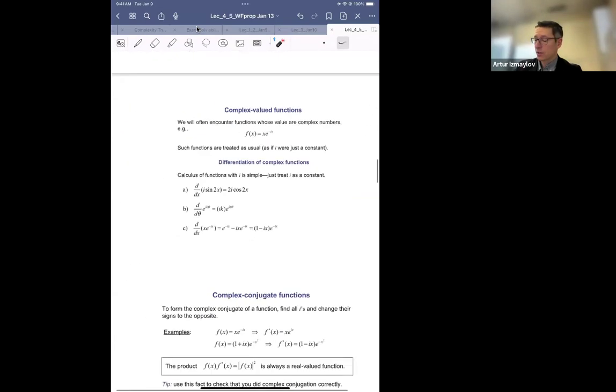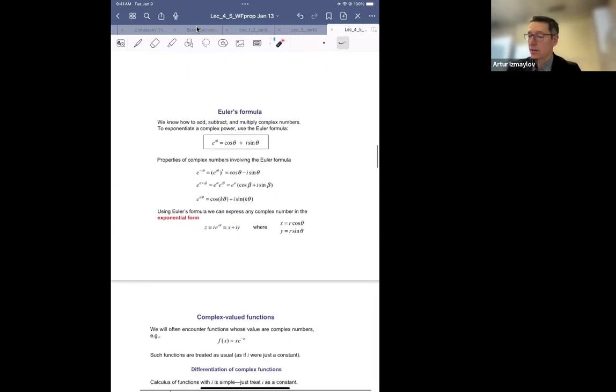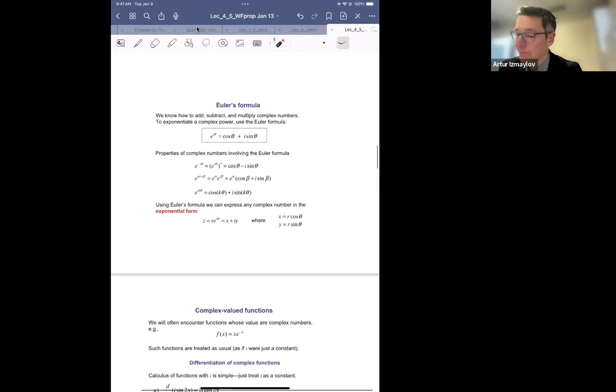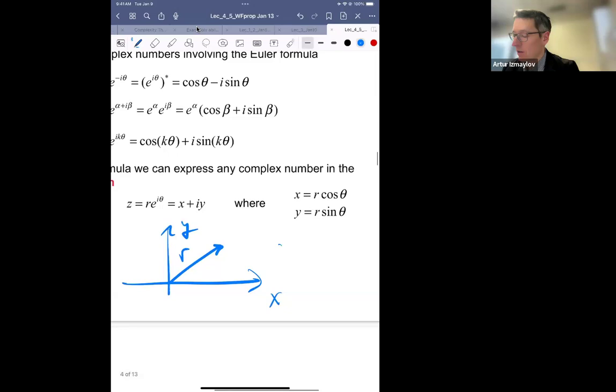So the picture would be something like this. If we have x and y, then the length of this vector is r, and r is the square root of x squared plus y squared, right?